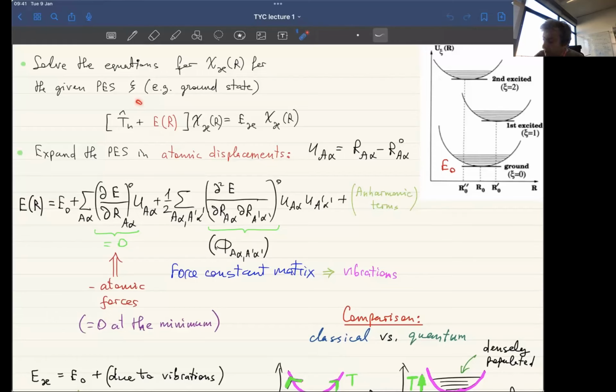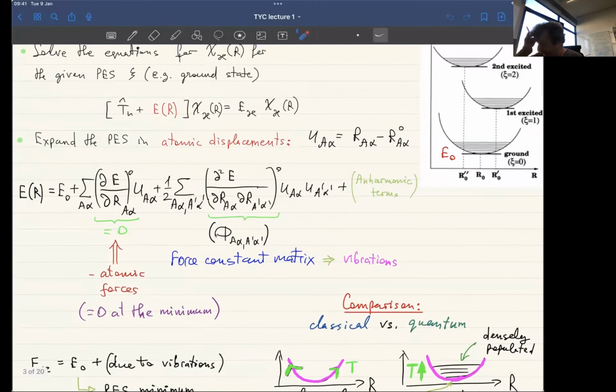So we will not be solving the nuclear equation quantum mechanically as yet, but we will do this at some point later on.